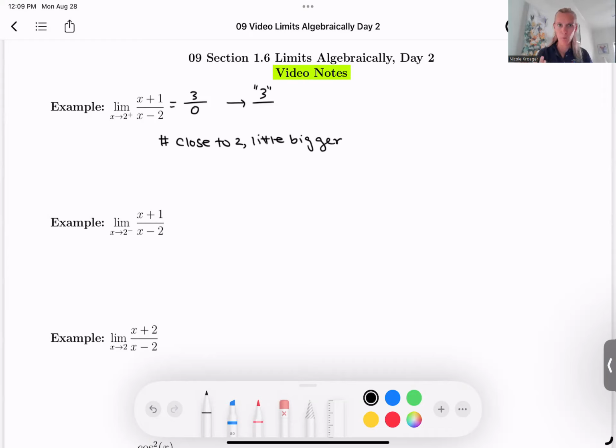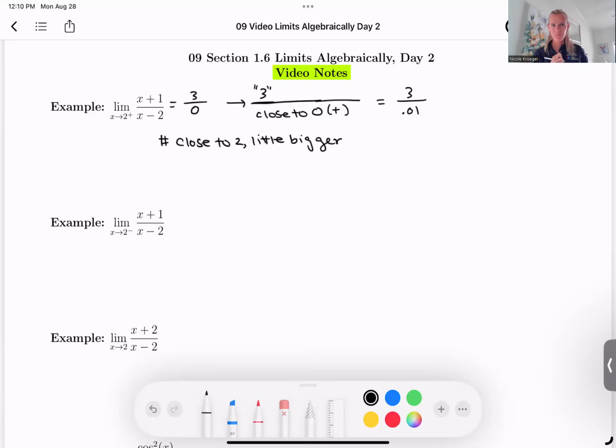So if I plugged in like 2.1, I'd get 3.1. My denominator is going to be a number that's close to 0, not quite 0 though. And we have to decide whether it's positive or negative. So if I plug in like 2.1 minus 2, that's a positive number close to 0. So I have a positive number close to 0 and a 3 in the numerator. So think about this as like 3 divided by 0.01 or something like that.